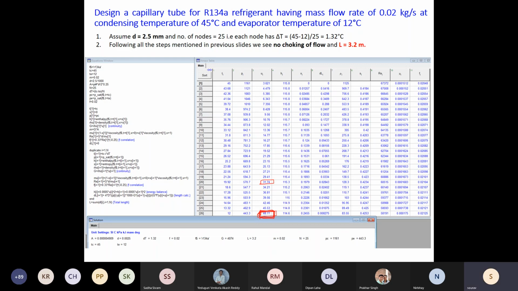Okay, so this is one very common phenomenon with any expansion device when it is operating well below the designed evaporator temperature, or I should say well above the desired pressure difference. So the pressure difference here is PC minus PE. So if this delta increases, there is a chance of choking.